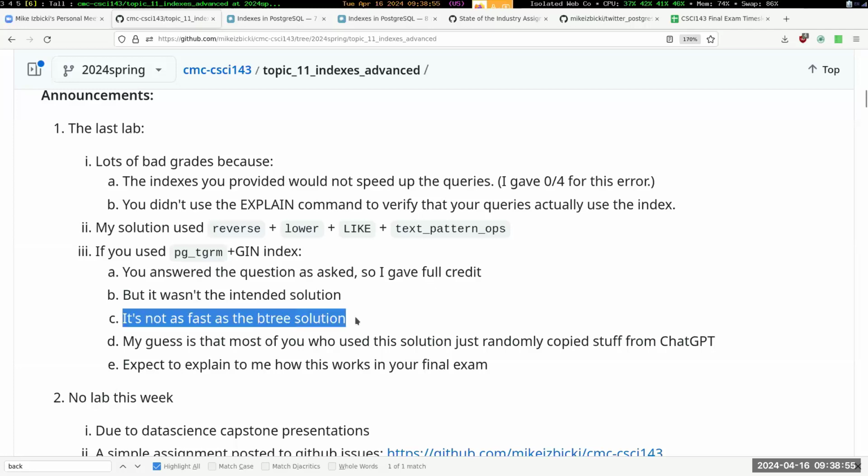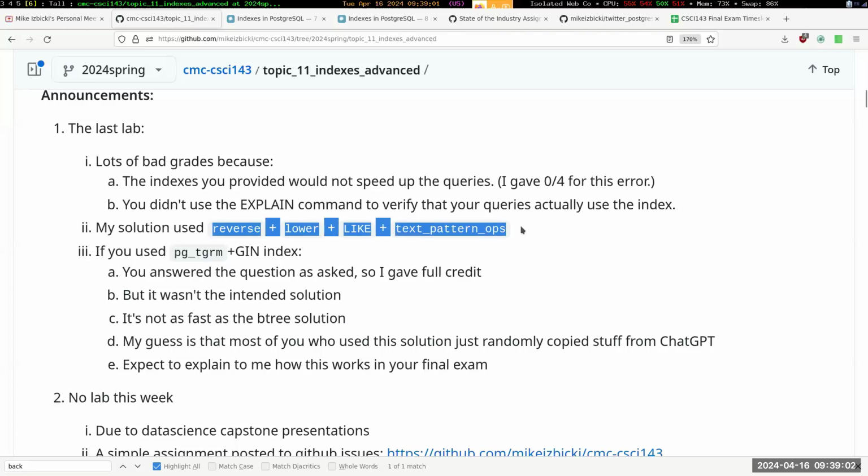You should know, though, that the solution that you provided is actually much, much slower than the B-tree solution based on this up here. And my guess is that most of you who provided this solution have actually no idea what this solution is doing, and you just copied and pasted something from ChatGPT, which, again, according to the policy in the class, totally okay.